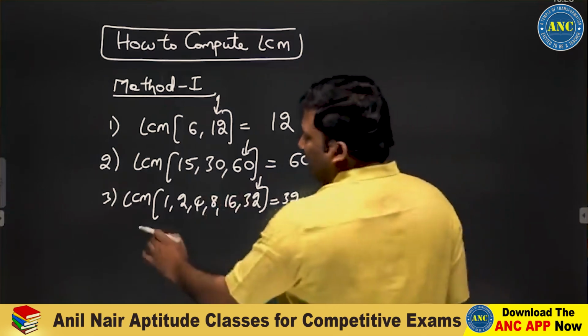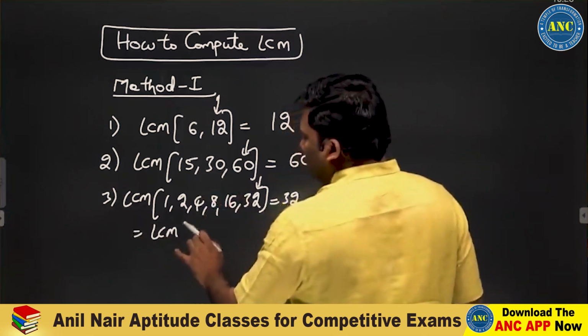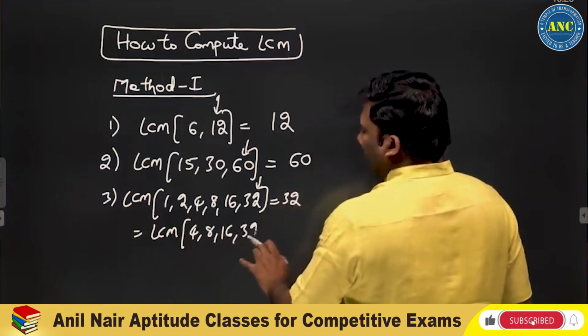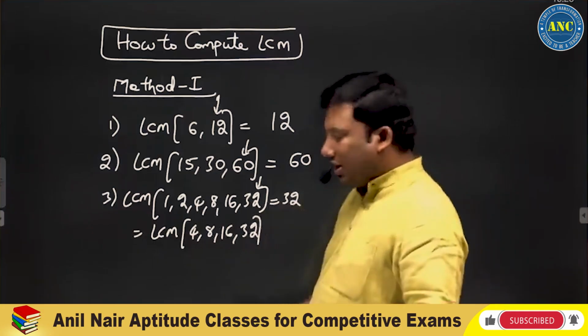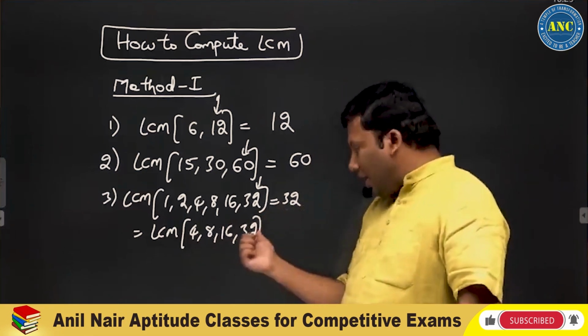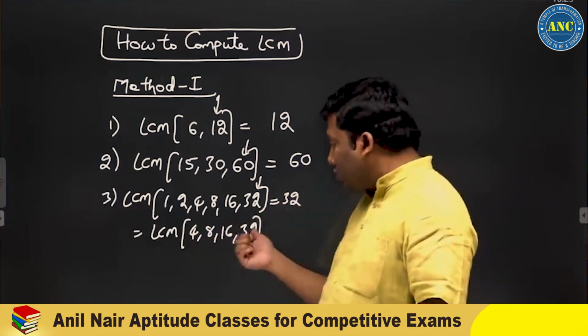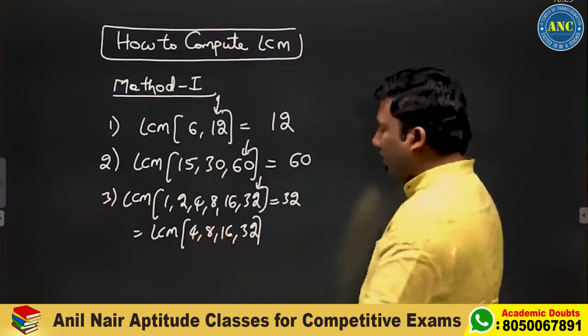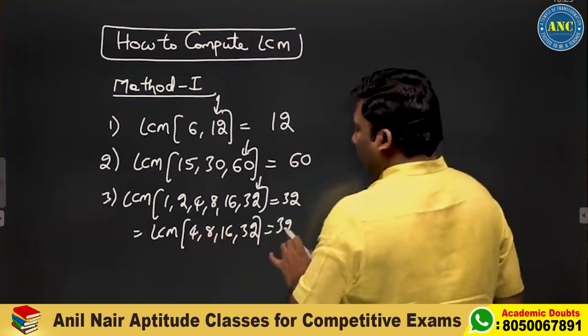Can I say this LCM is also equivalent to the LCM of 4, 8, 16, 32? The largest number is 32. 4 will divide, 8 will divide, 16 will divide, so it is equivalent to 32.